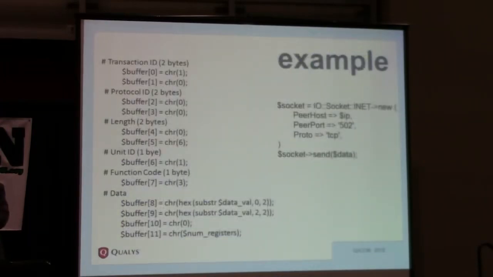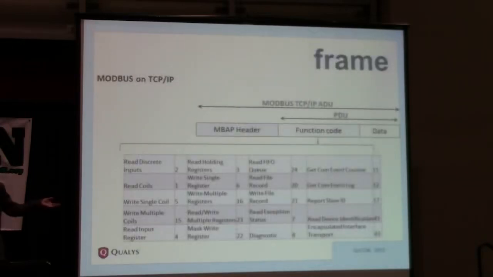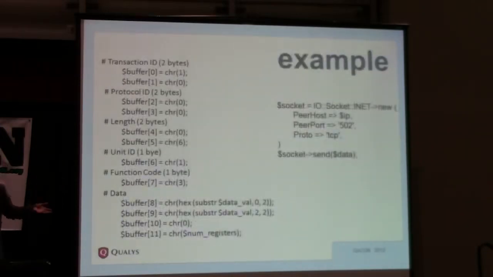And this is just a simple Perl implementation of the packet here. So this is the diagram. This is how the packet looks. If you just put that in code, this is how it looks. Basically, you put the 2-byte transaction ID, the protocol ID, length, unit ID, and so on. You fill up everything in the diagram into a Perl packet, and then you send it over a socket.